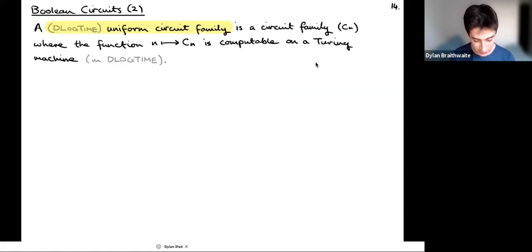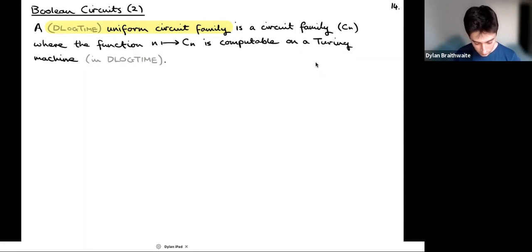So specifically, we look at this map and we say it has to be computable on a Turing machine in some bounded time, and usually this is d log time for purposes we're looking at. So I've written that in gray, and I'll just omit it in the future.